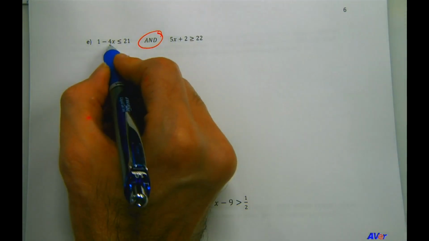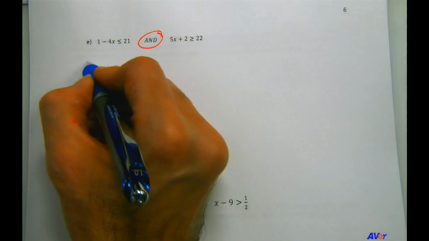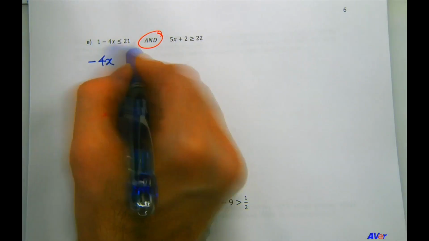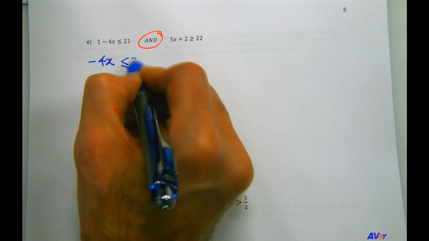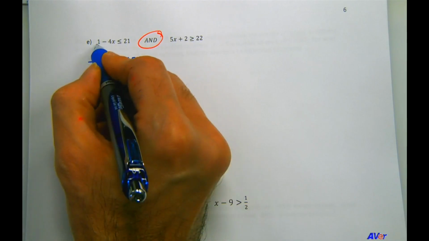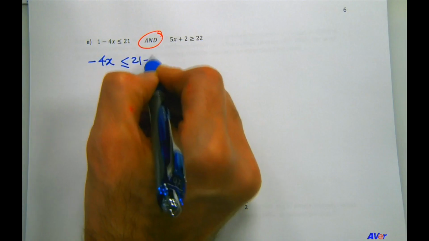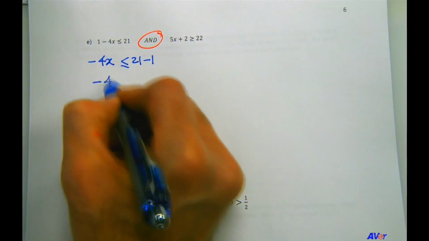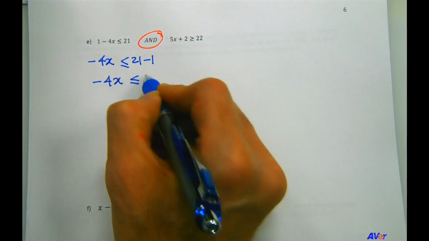So we're going to solve each one of these inequalities by itself. We have a variable term on this side. I'm going to keep that on this side, and move this constant to the other side. So 21 is positive on the left; when I move it, it becomes negative. So minus 4x less than or equal to 20, right?